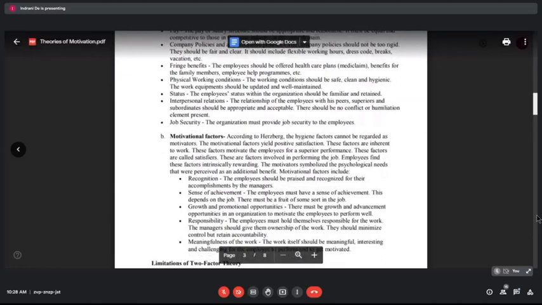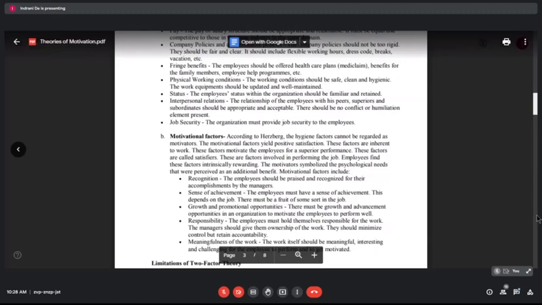Your superior is delegating you a different sort of responsibility. That means he is depending on you. So that will motivate you to work better, to improve your performance. So these things are going to enhance your performance.